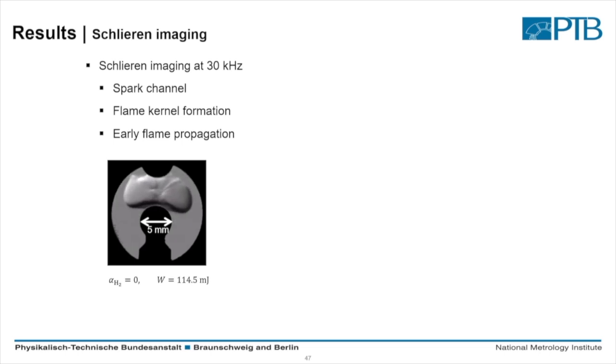We can see sometimes the plasma discharge. So the deposition time for one image is 33 microseconds. So if we are lucky, the spark is in this time and we can see it, but we cannot always see it.